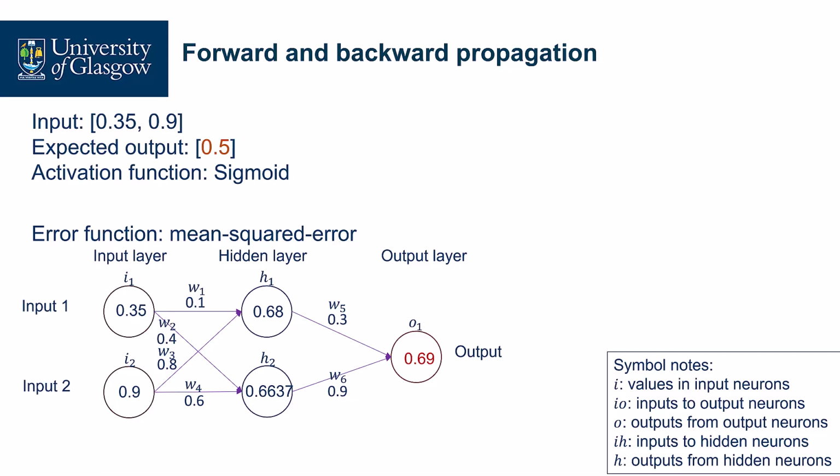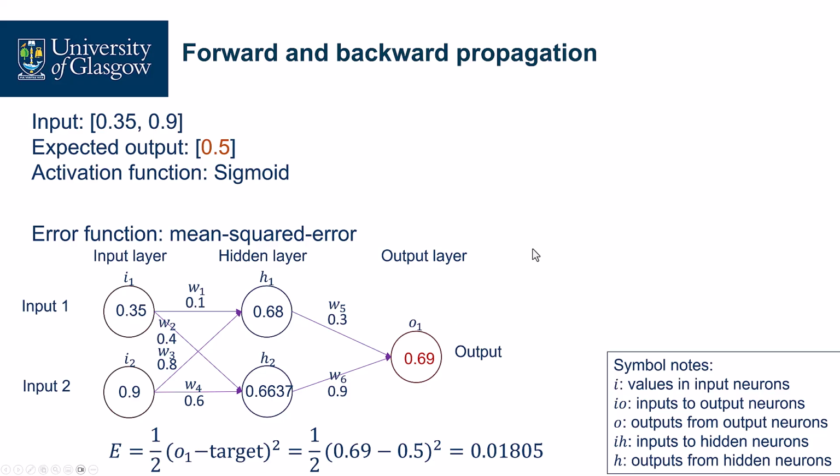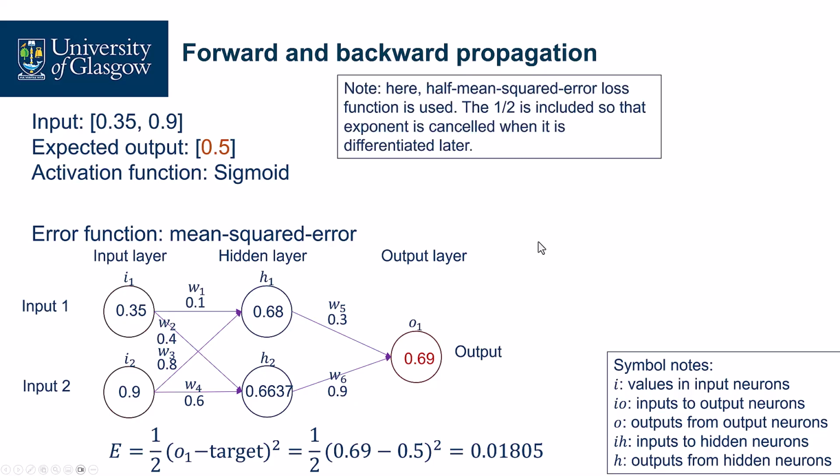I use O1 minus the target, 0.5, and I put 0.5 here. We call this the half mean squared error loss function. The reason I put 0.5 here is that it will be cancelled when we do the differentiation later; you will see more details later.